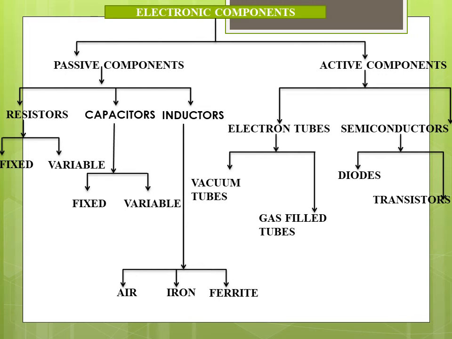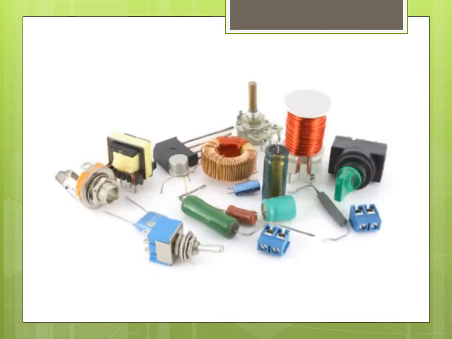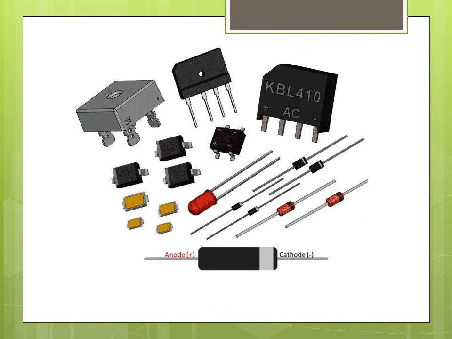And one more thing, students, the fixed and variable capacitors and resistors are further classified depending upon the type of material used to manufacture them. So all these are your passive components, where we have inductors, capacitors, resistors. All this belongs to your active components, where we have the diode, transistor, ICs, because ICs are manufactured using active components.